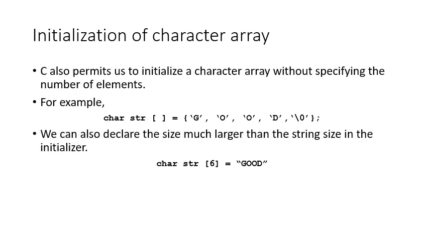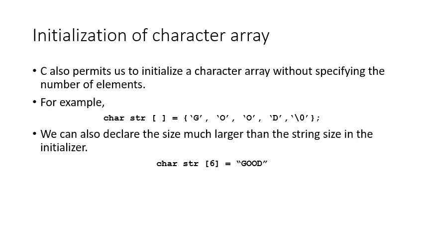Now C also permits us to initialize a character array without specifying the number of elements. So you know that yes, we can initialize an array even without specifying the size of that array, but in that case you need to mention the elements individually.